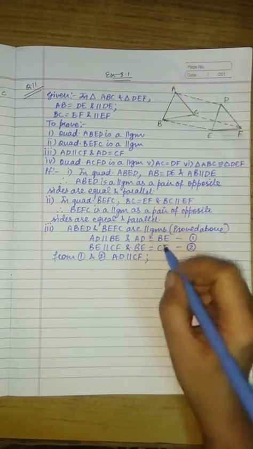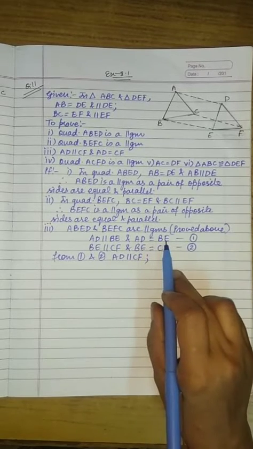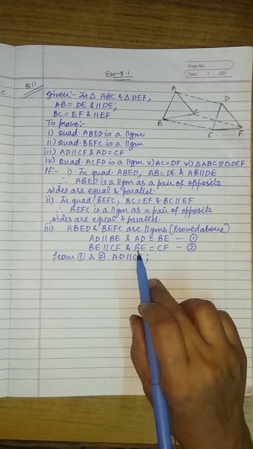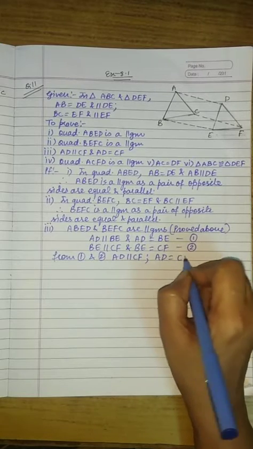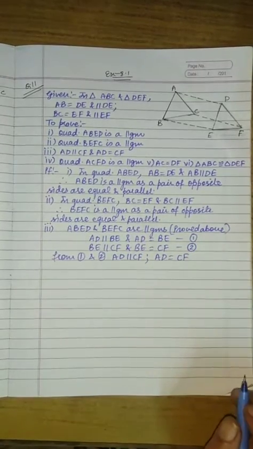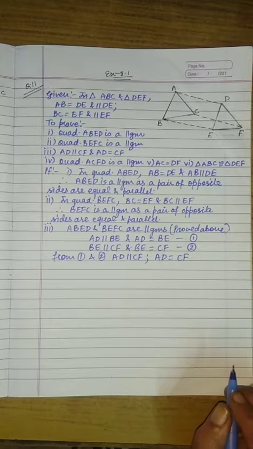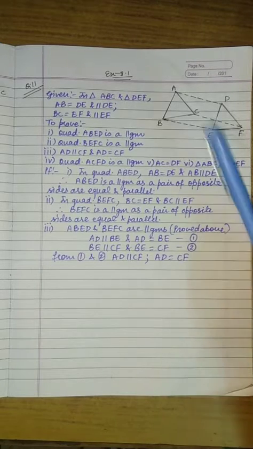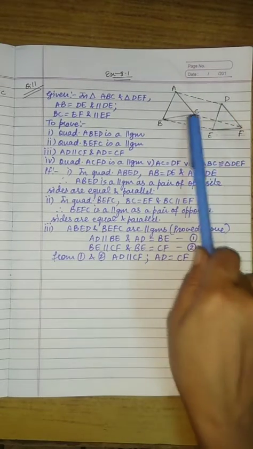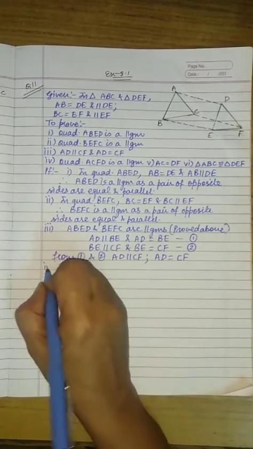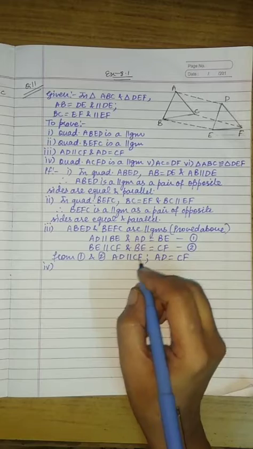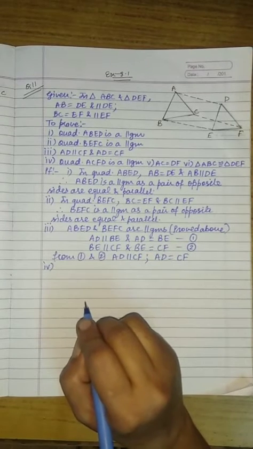Then here we have written AD is equal to BE, and again BE is equal to CF. It implies AD is equal to CF. So our third part is also proved. Now if AD is parallel and equal to CF, then in fourth part ACFD is also a parallelogram.